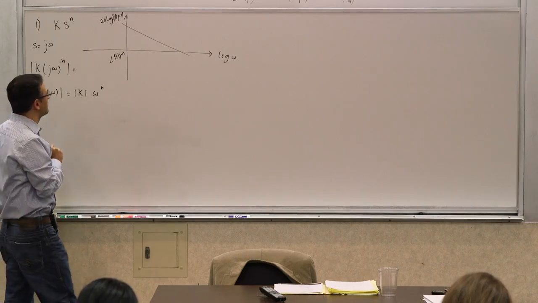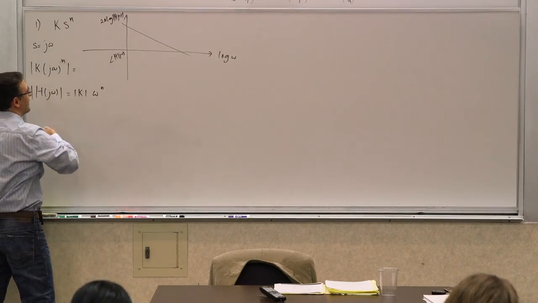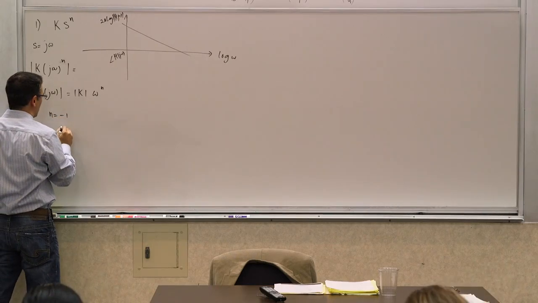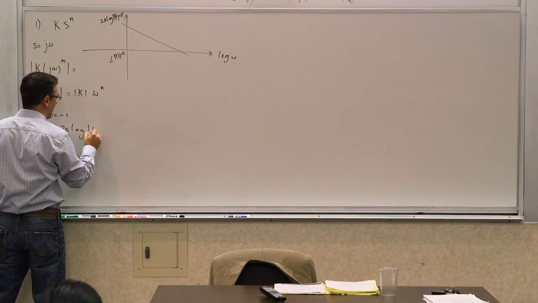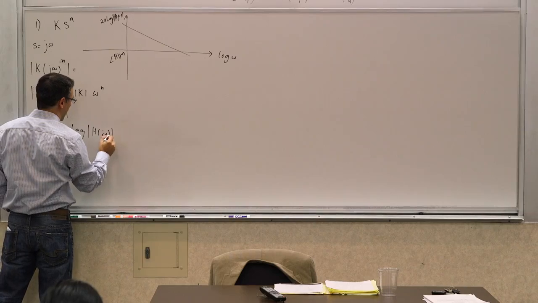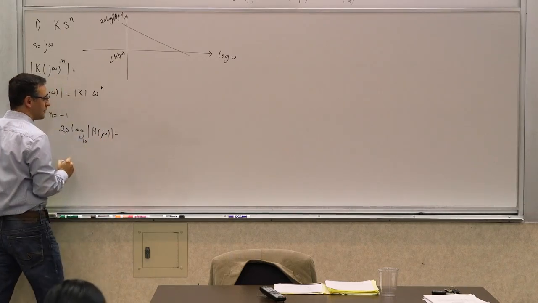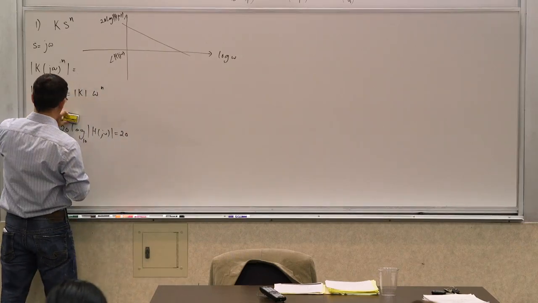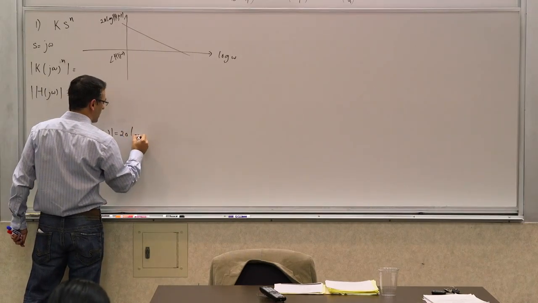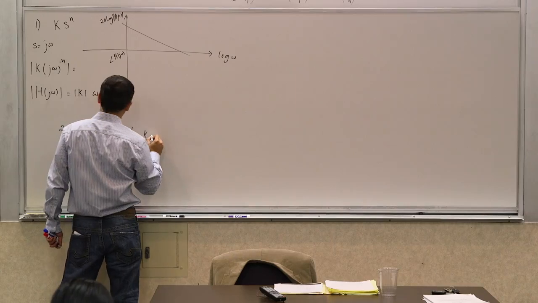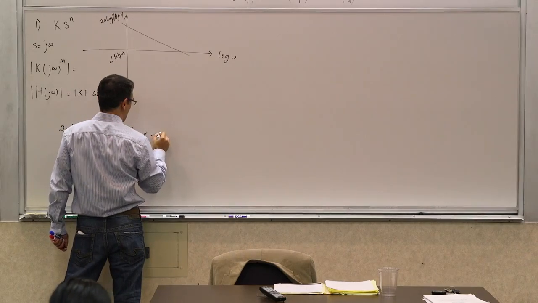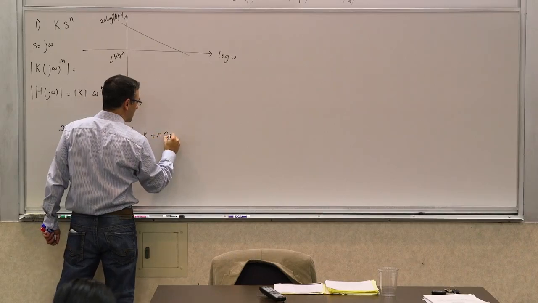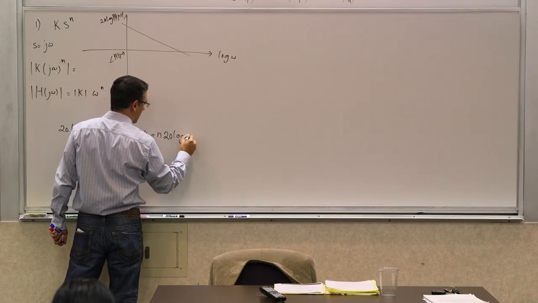What is the slope of 20 log of that when n is equal to negative 1? In general, it's going to be 20 log of k plus 20 log of omega to the n, which gives me n times 20 log of omega.